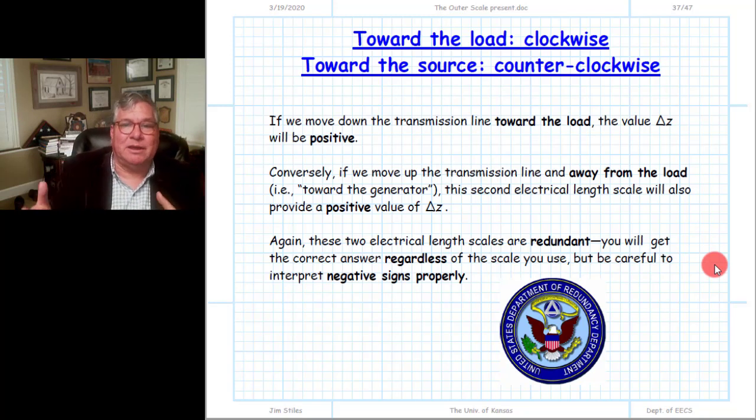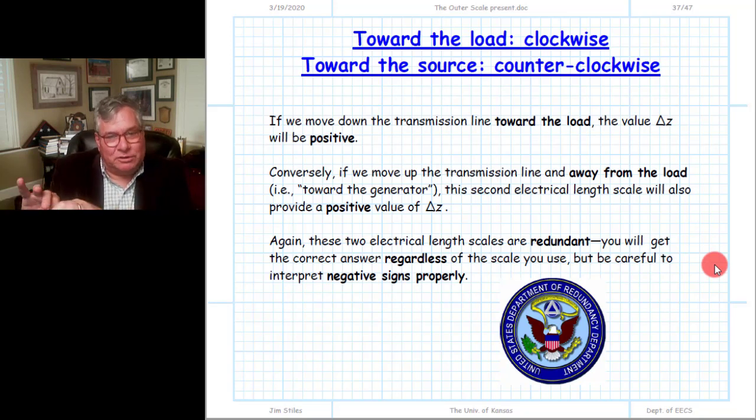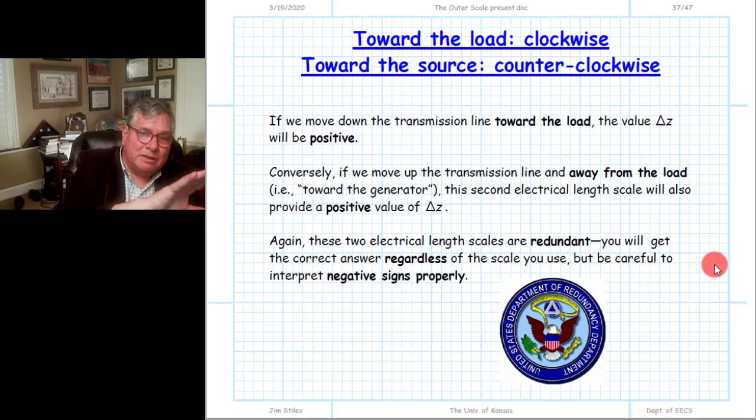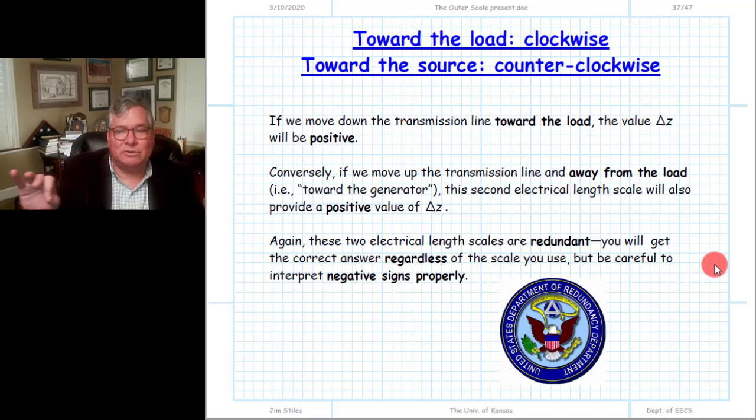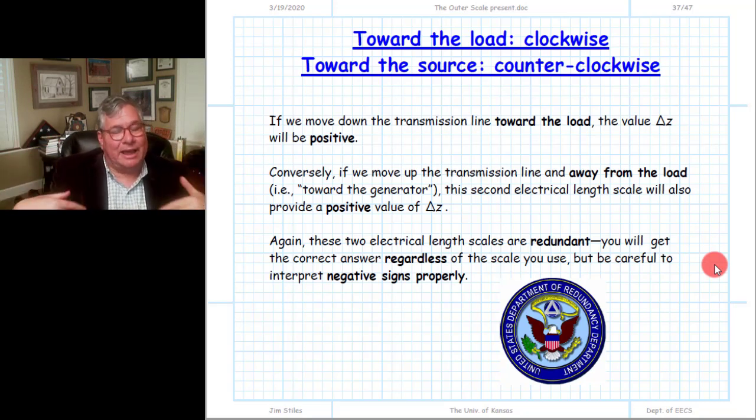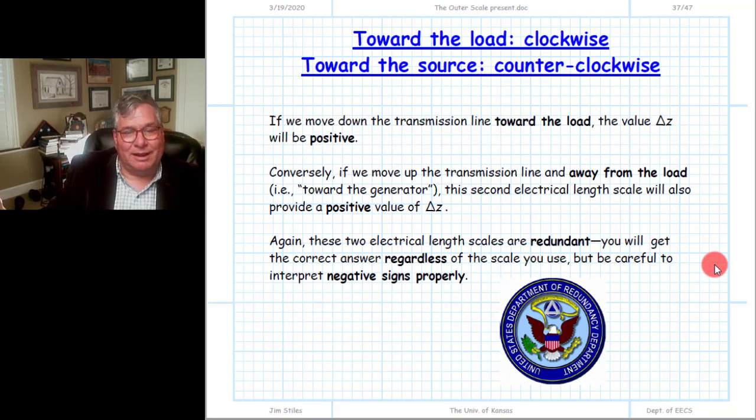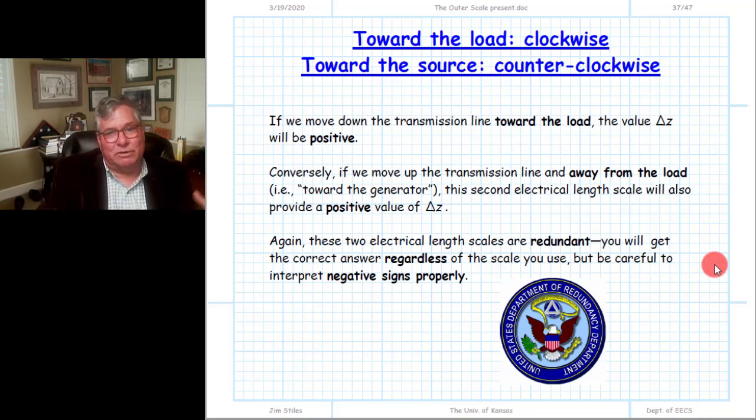Sometimes students are adept at switching between one or the other, whether they're moving from the generator toward the load, or switch it around if they move from the load back toward the generator. Other students will just use one scale and stick with it and either increase value with positive numbers or decrease locations or indexes with negative numbers.